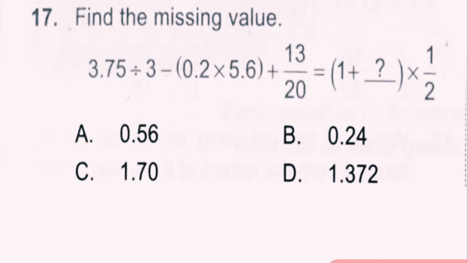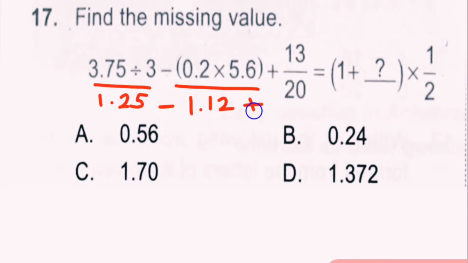Question number 17, find the missing value. Here we first solve the bracket, then division, and then this. So 0.2 into 5.6 is equal to 1.12, and 3.75 divided by 3 is equal to 1.25, and 13 divided by 20 will give 0.65.